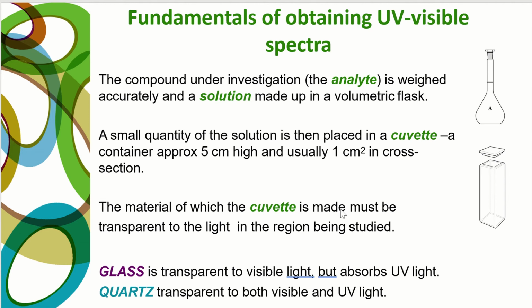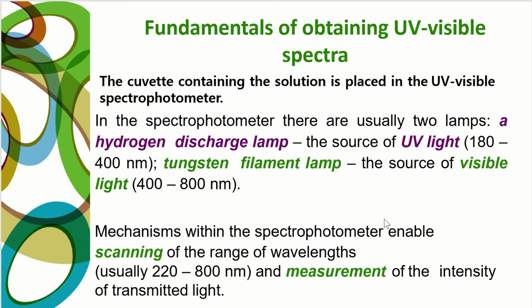The material of which the cuvette is made must be transparent to the light in the region being studied. You might see glass being used, which is transparent to visible light but absorbs UV light, or you might see quartz, which is transparent to both visible and UV light. So again, you don't want any interference from your solvent, and in the same vein, you don't want any interference from the cuvette.